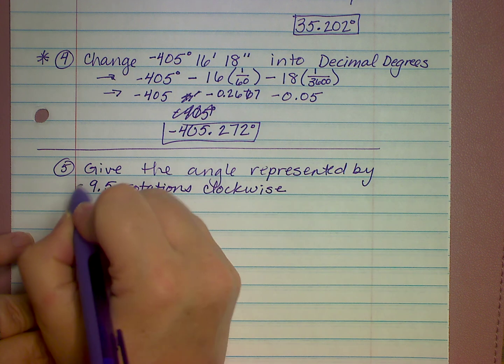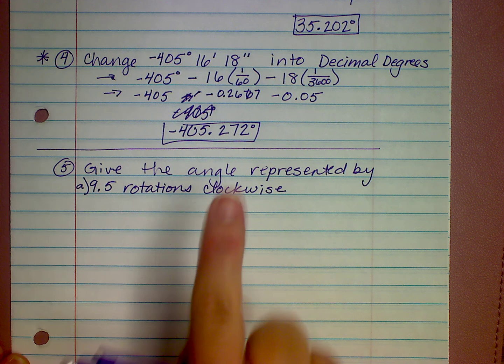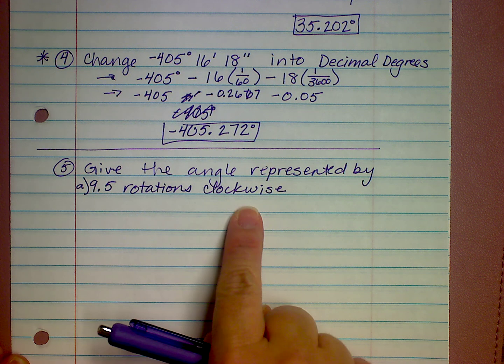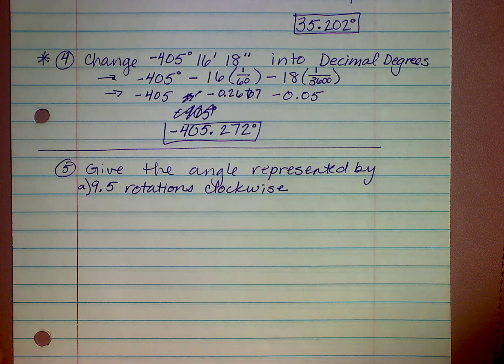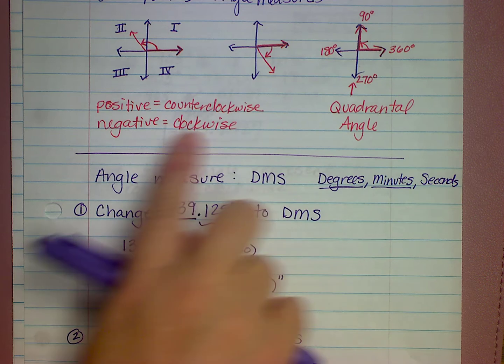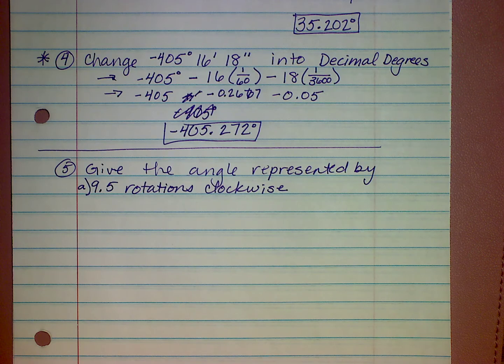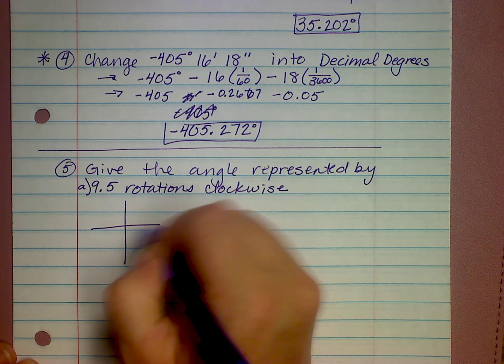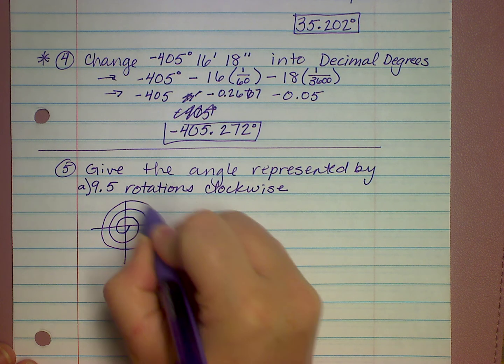I'm going to call this part A because there's also a part B. So 9.5 rotations clockwise. My question is, is clockwise positive or negative? Clockwise is negative, right? So I need to think about this. If I were to draw the picture, we're going in a negative direction 9.5 times, right?